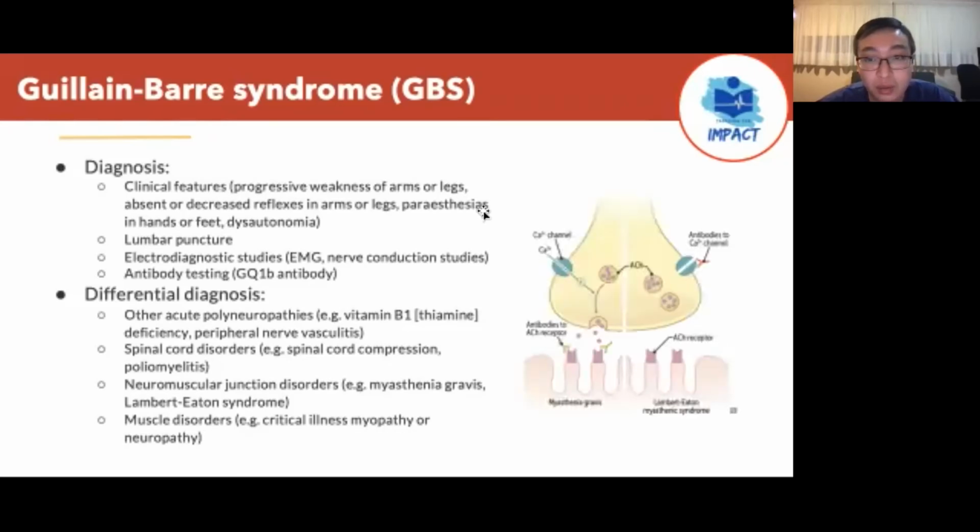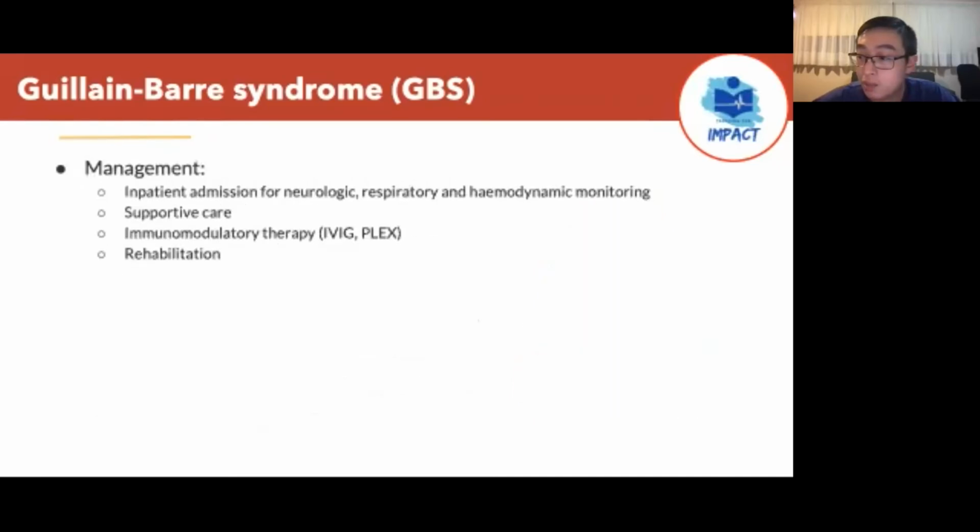So that's just a little diagram showing the difference between myasthenia gravis and Lambert-Eaton syndrome. Cool beans.